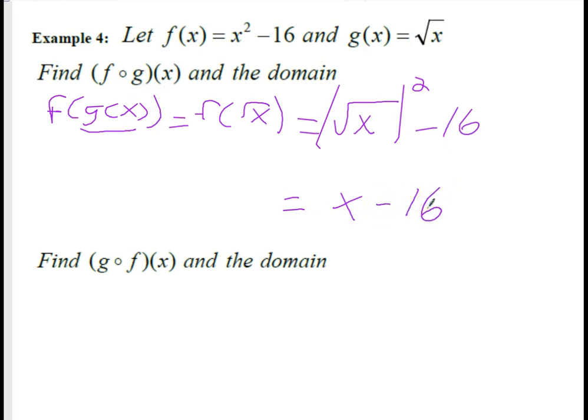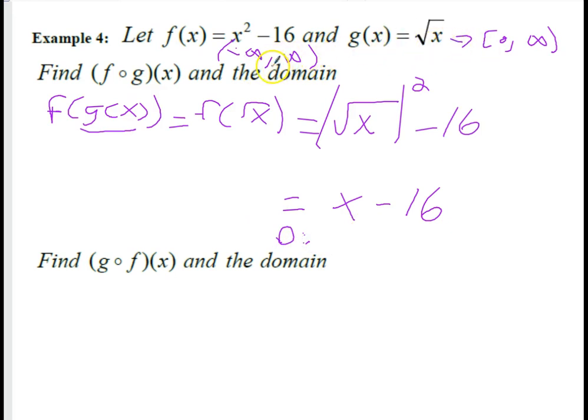And then it asks us for what our domain is here. So when we think about domain, here in this function, our domain is going to be 0 to infinity. And over here, our domain is going to be negative infinity to infinity. So since this is our input function, the domain of our final answer is going to be the most restrictive domain between these two.